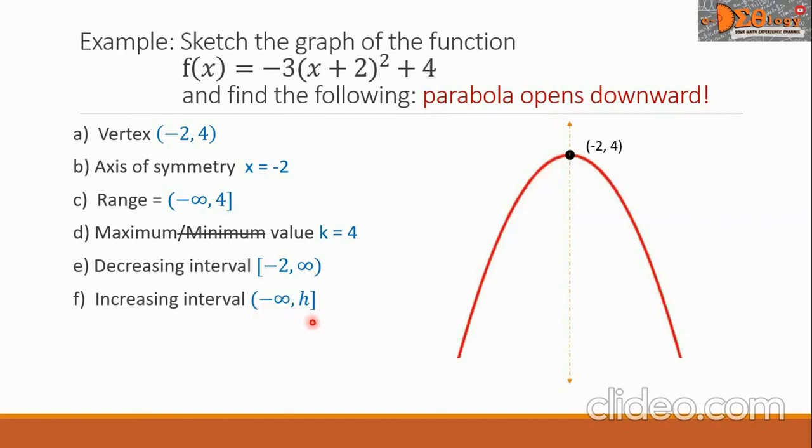We will just substitute the h value with our x coordinate of the vertex. So our answer is the -infinity up to -2. We use the square bracket here and also the parenthesis because we know every time there is infinity, always parenthesis is used. So we are now complete with our answers.